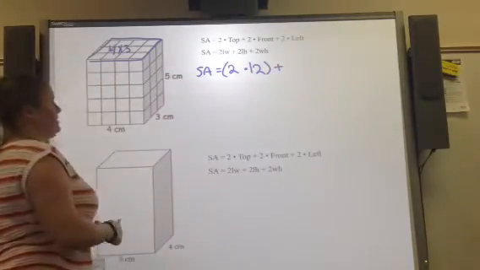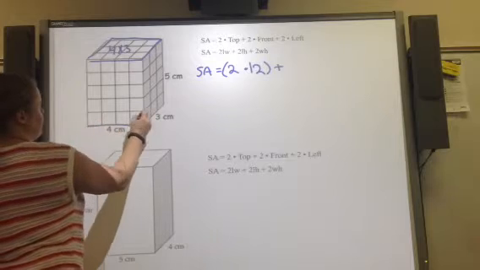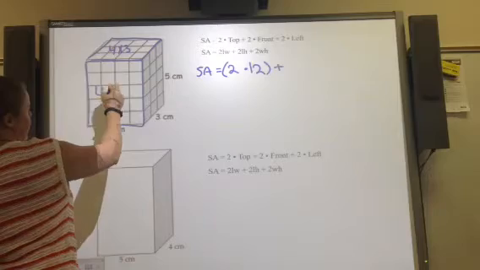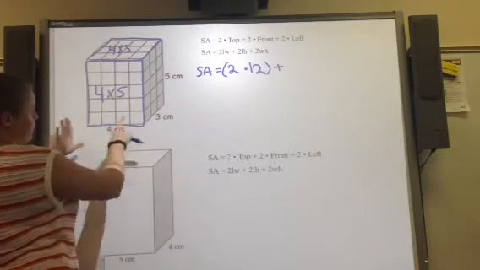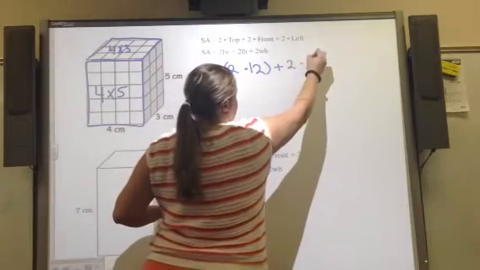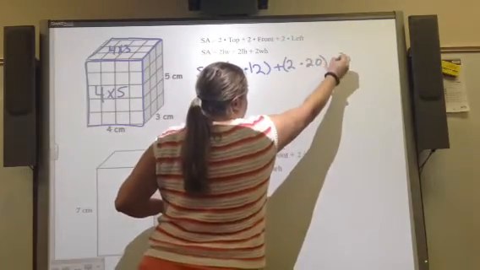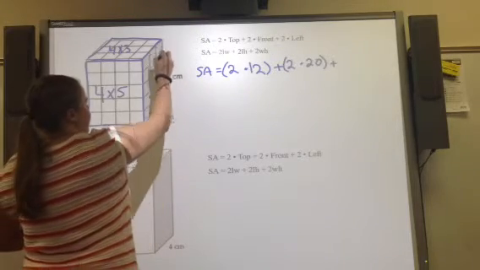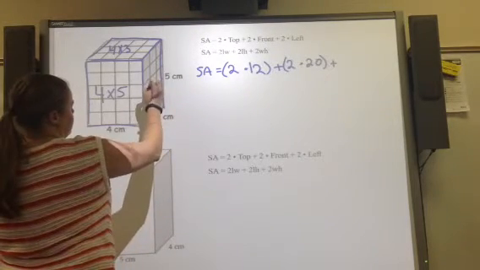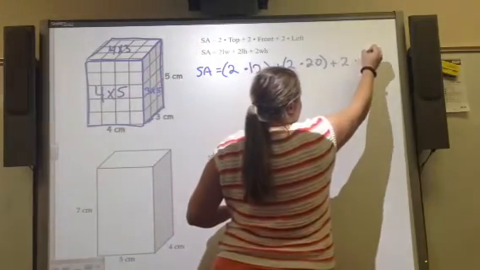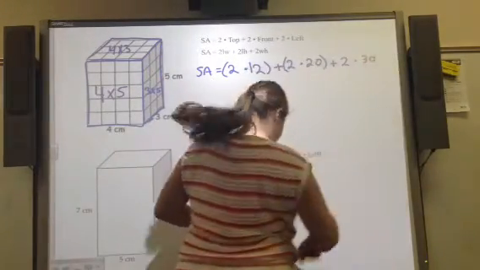Our next dimension is the front, which is 4 by 5, because it's 4 wide, 5 tall. And our third one is 2 times the side, and that's 3 wide by 5 tall. Sorry, that's 15, not 30.